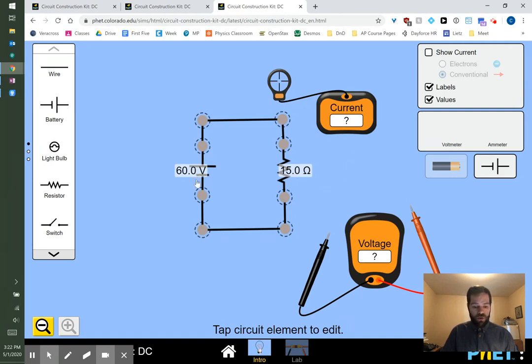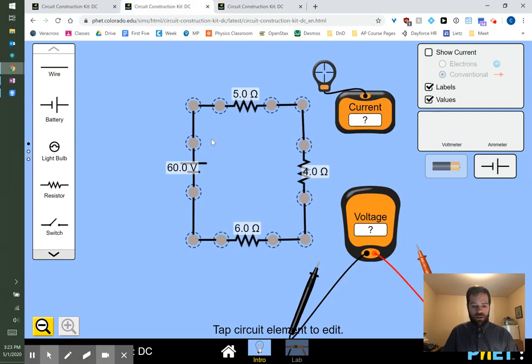And what we're going to do, starting with this circuit, is use Ohm's law to figure out the current flowing in this circuit here. And we're going to see that the current flowing in this circuit is going to end up being the same as the current flowing in this circuit because these are both series circuits.